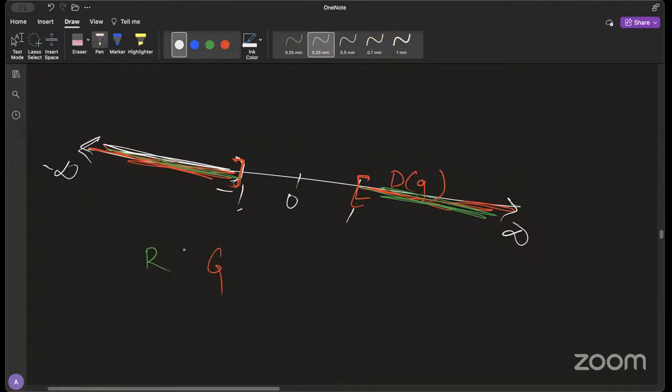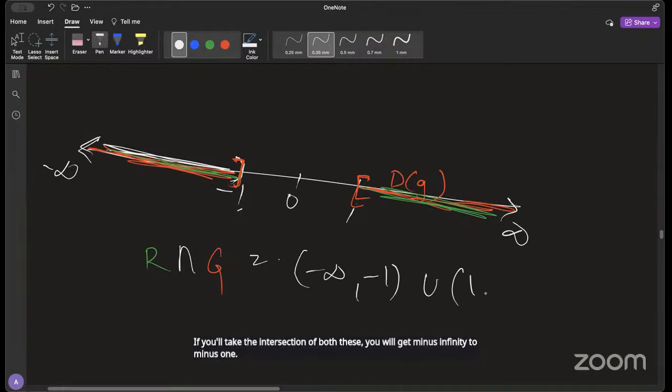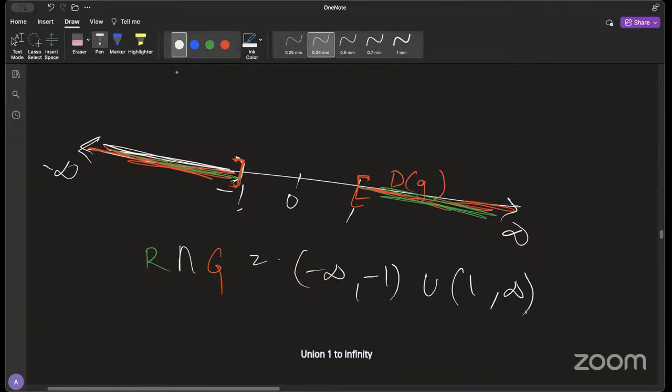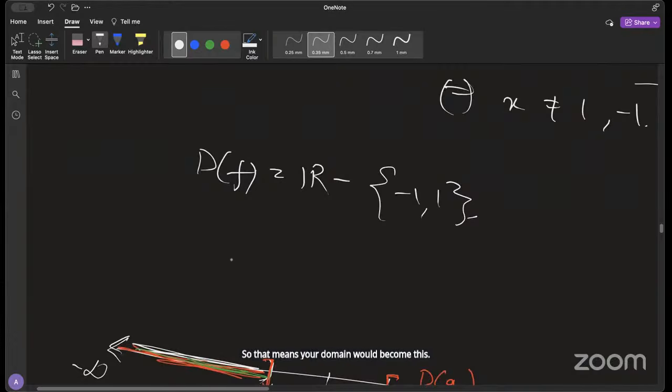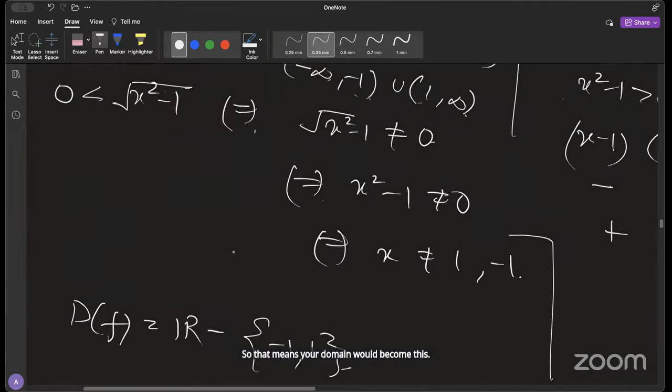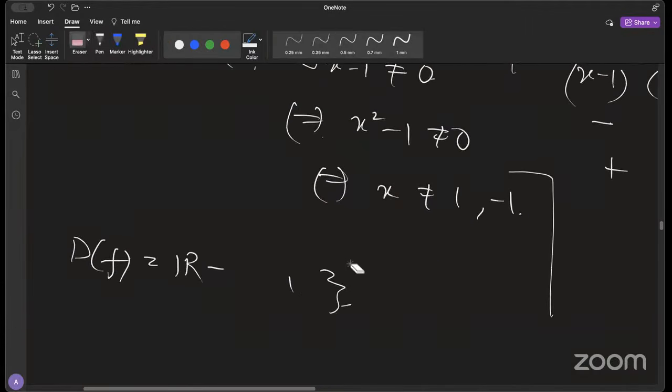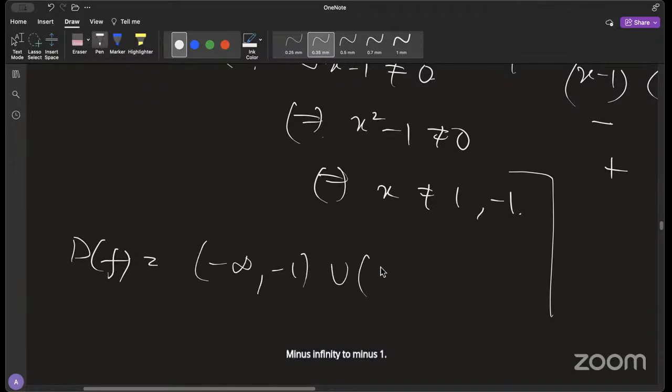If you take the intersection of both these, you will get minus infinity to minus 1, union 1 to infinity, right? So that means your domain would become this: minus infinity to minus 1, union 1 to infinity. Is this okay?